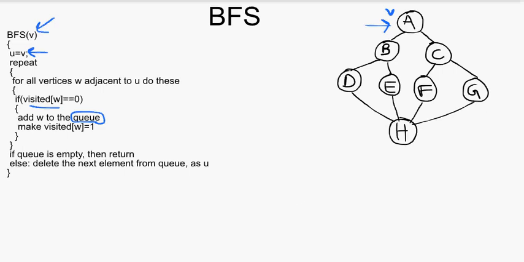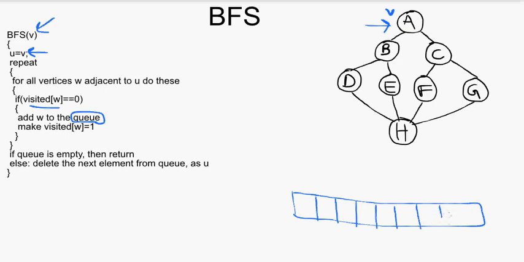A visited array, as we discussed in the previous lecture, is an array that keeps track of which vertices we have visited and which are left to visit. As you know, there are only 8 vertices, so we need an array of size 8. That will be enough.